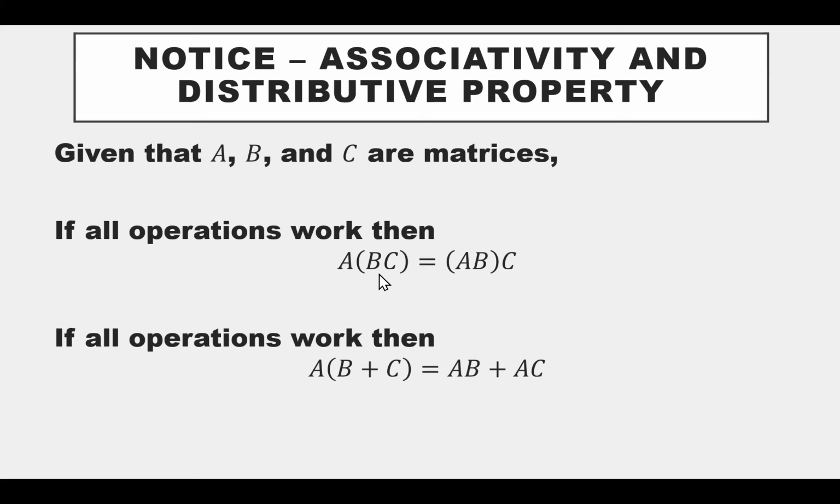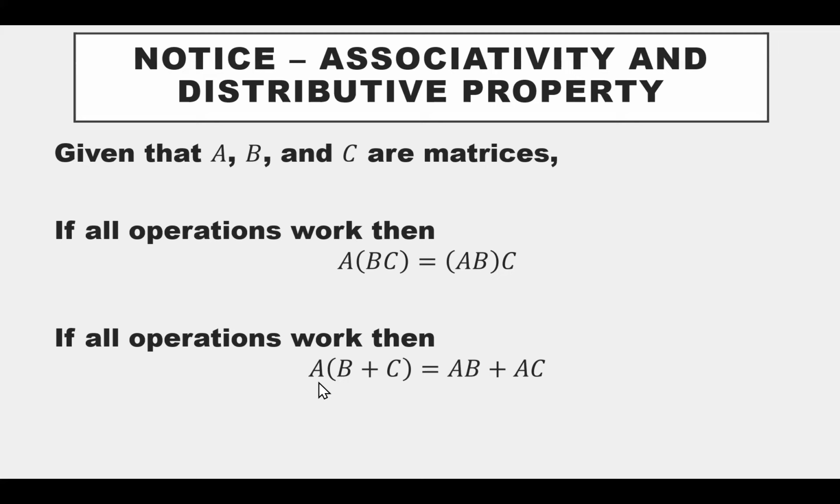Now, I do want to point out something. In both of these cases, it is important which side I have the A on and which side I have the other matrices on.